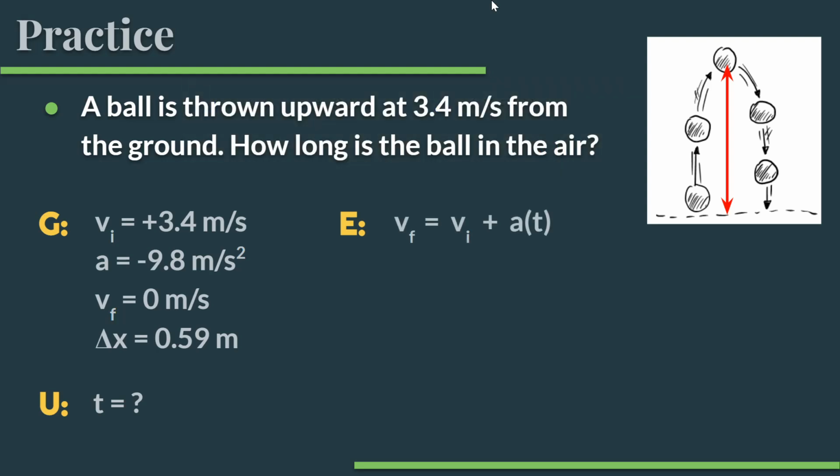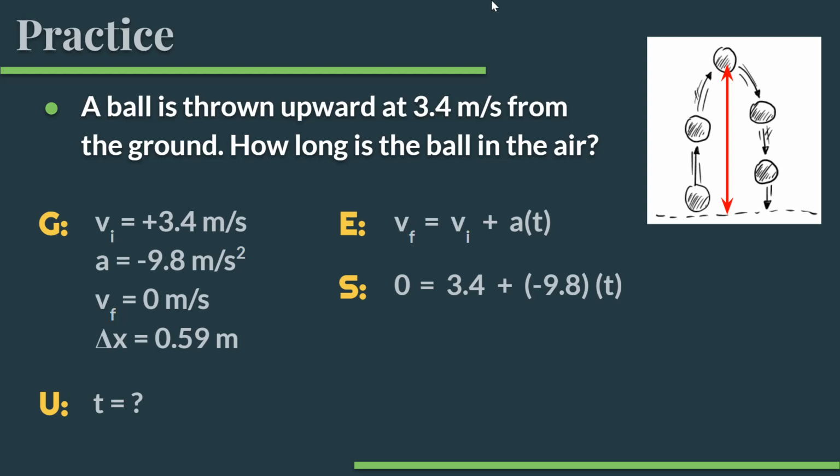VF equals VI plus A times T. If I substitute in the numbers that I know, I have VF is 0, I have VI is 3.4, I have negative 9.8 for A, and I'm looking for T. From here, you need to do the math. This just becomes an algebra problem. Again, just as a reminder, algebraically speaking, you cannot add 3.4 and negative 9.8 together.